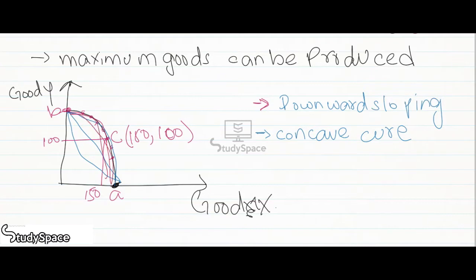First, let's talk about why this is downward sloping. It is downward sloping because of the limited amount of resources that we have.